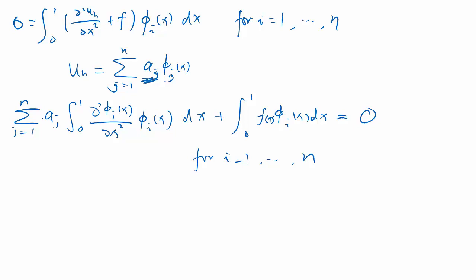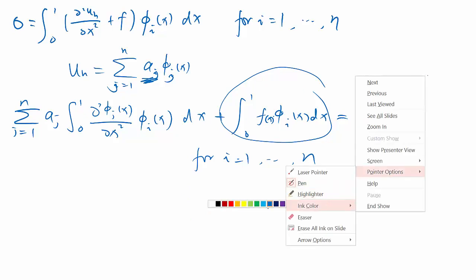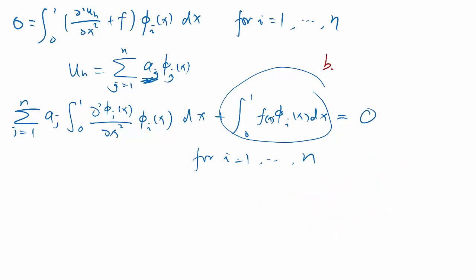And it's not surprising, this is a linear system actually. If you look at this, let me define this thing as b_i, right?